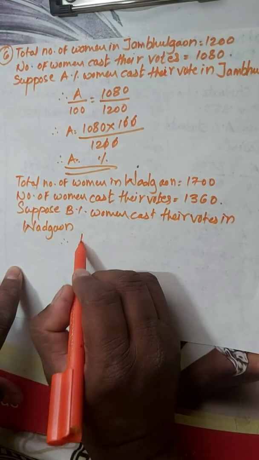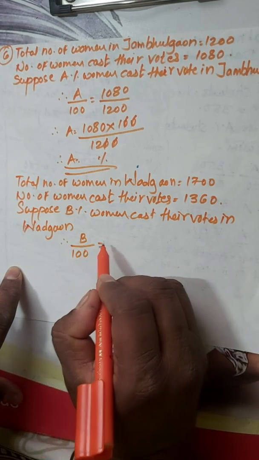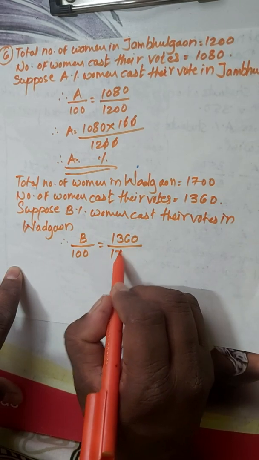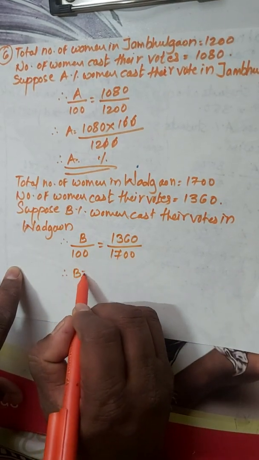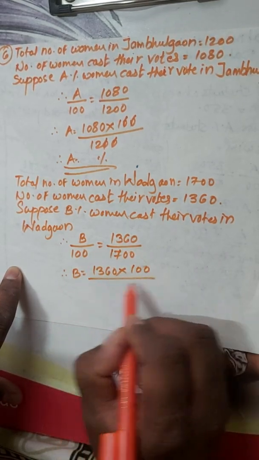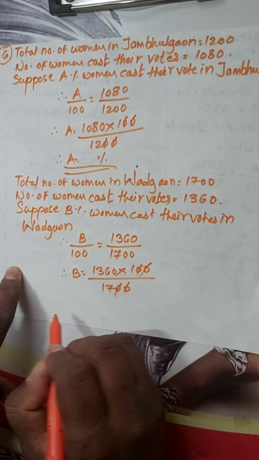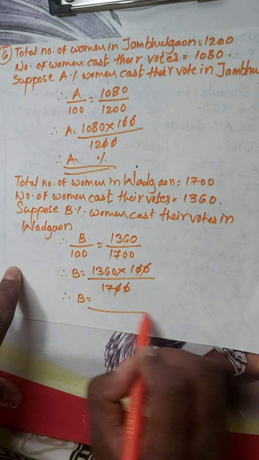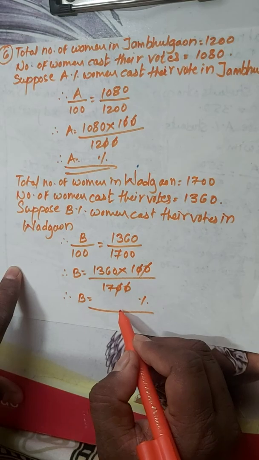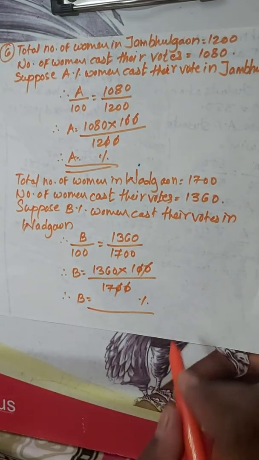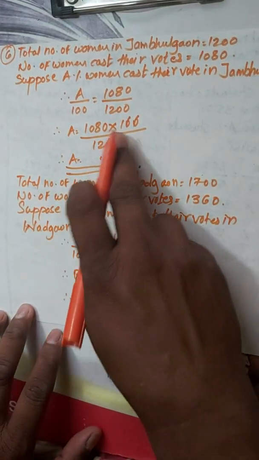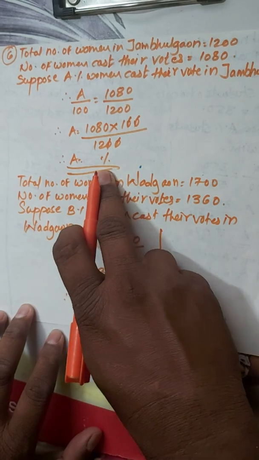Therefore, B upon 100 is equal to 1360, and how many total women, 1700. Therefore, B is equal to cross multiplication, 1360 multiplied by 100 upon 1700. So these get cancelled. Therefore, B is equal to, here also you have to divide 1360 by 17, and you will get the percentage. Now students, if you do the calculation you get the percentage of Jambulgaon and then Vadgaon.